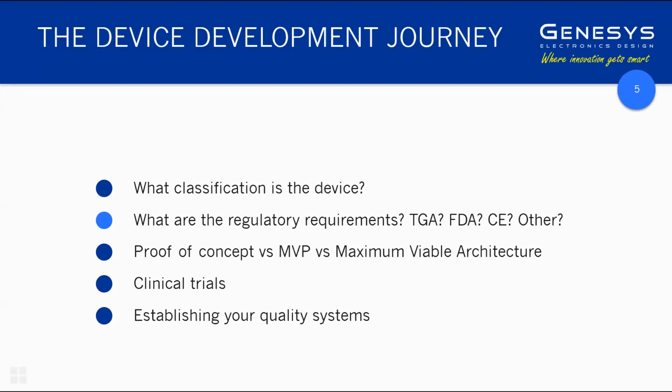So having worked out what classification your device is, then you need to really, I guess, begin with the end in mind, in that you are going to want to create a device that satisfies the regulatory requirements for that device.